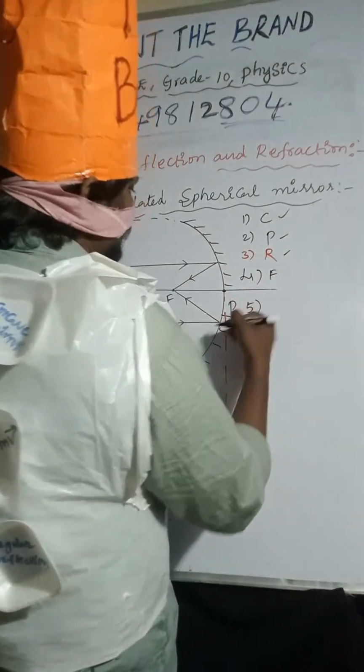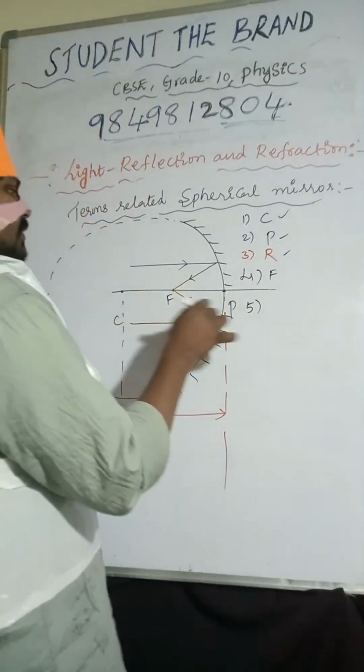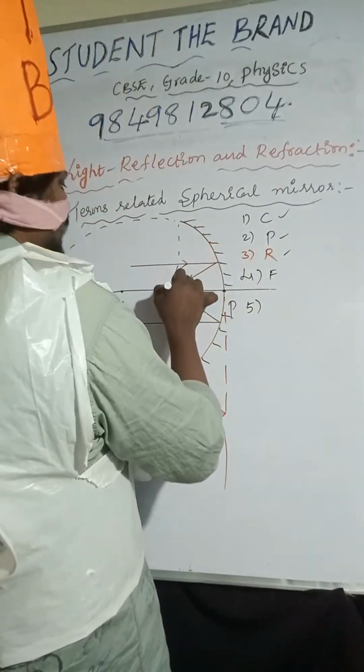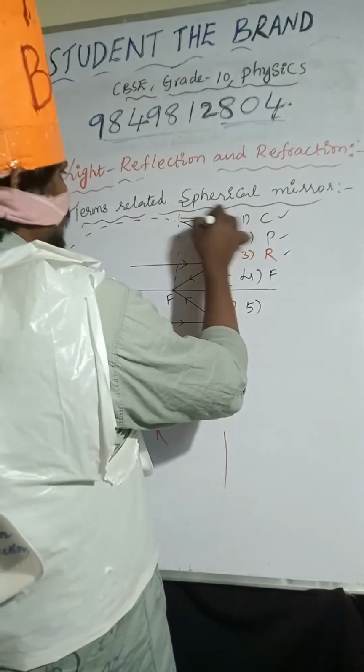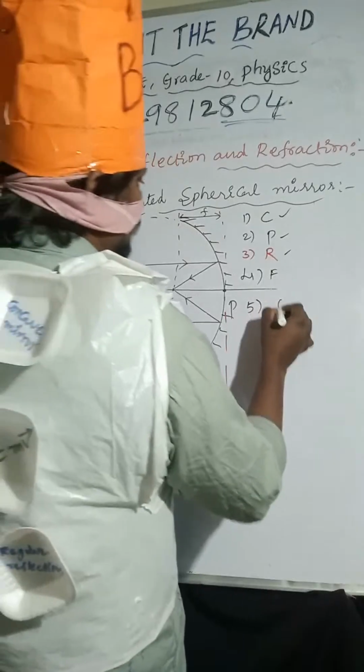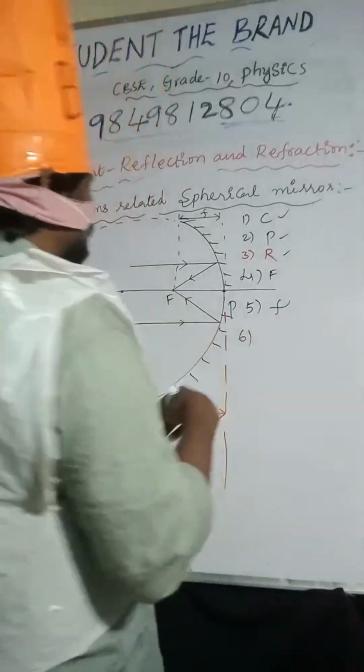And the fifth one: the distance between the focus and the pole is called the focal length.